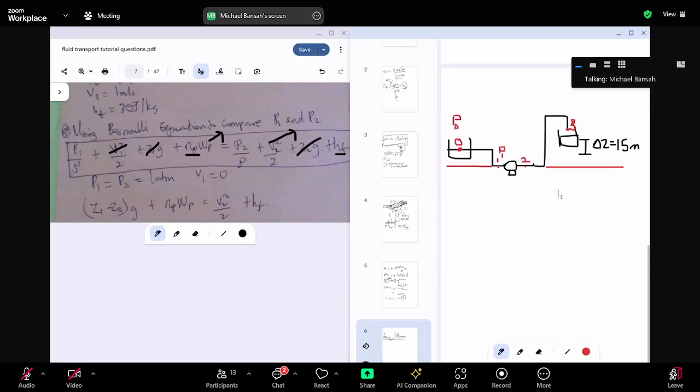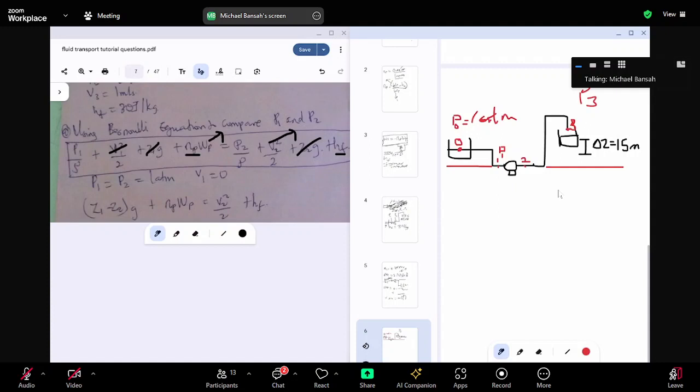Now, my P naught, which is actually equal to 1 atm. The reason why it's 1 atm is because it's exposed to the atmosphere. Now, at point 3, I can find a certain P3. The discharge is also into a tank exposed to the atmosphere.